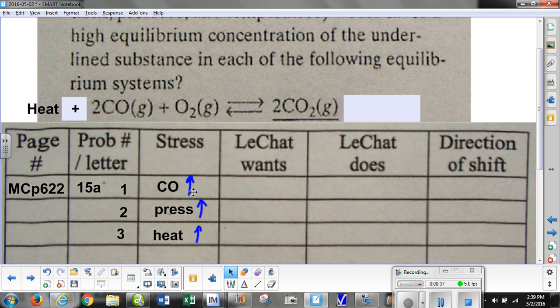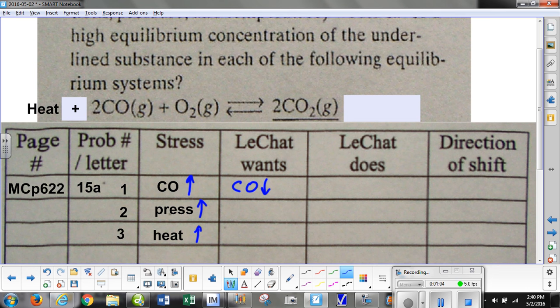So, Senek, what do you have for what Le Chatelier wants? Good. Okay, so he definitely wants the opposite. And now, would you tell me what you do for Le Chatelier? What does he want? How is he going to accomplish getting the carbon monoxide down? Okay, which species does he have to decrease?